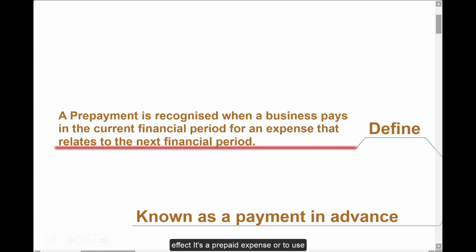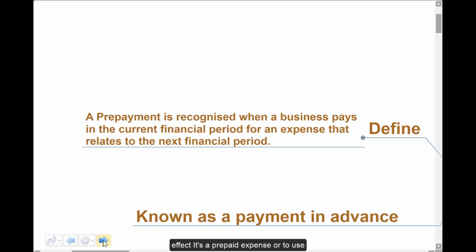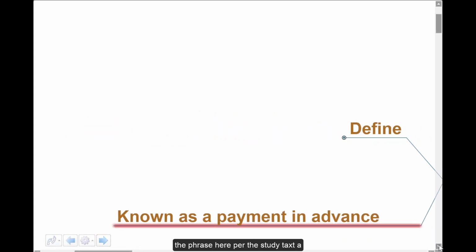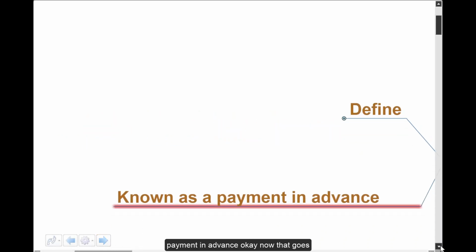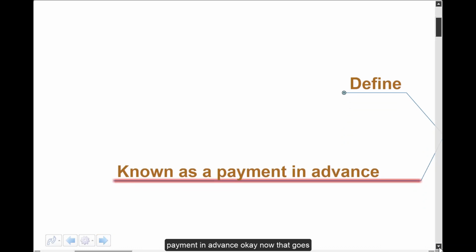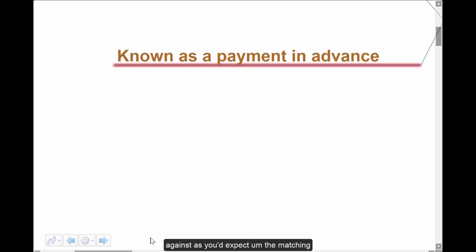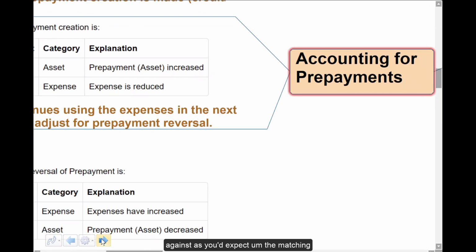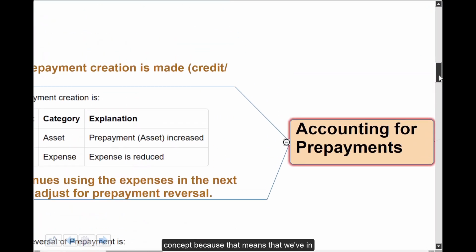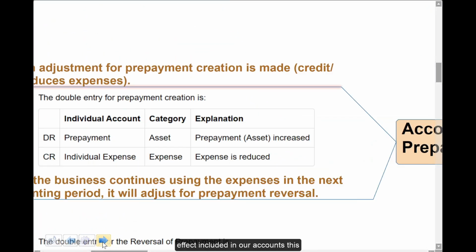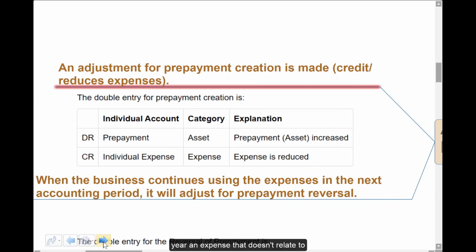In effect, it's a prepaid expense, or to use the phrase here per the study text, a payment in advance. Okay? Now, that goes against, as you'd expect, the matching concept, because that means that we've, in effect, included in our accounts this year an expense that doesn't relate to it. So we have to make an adjustment for prepayment.